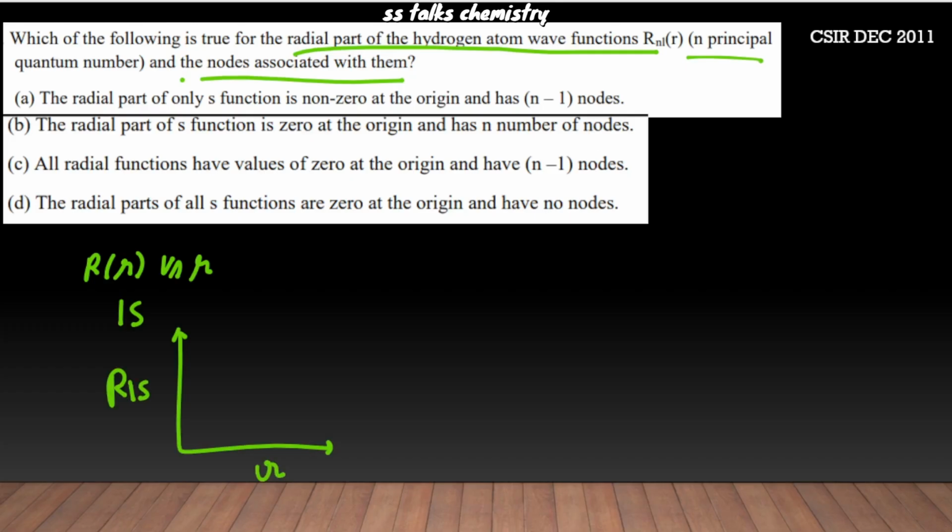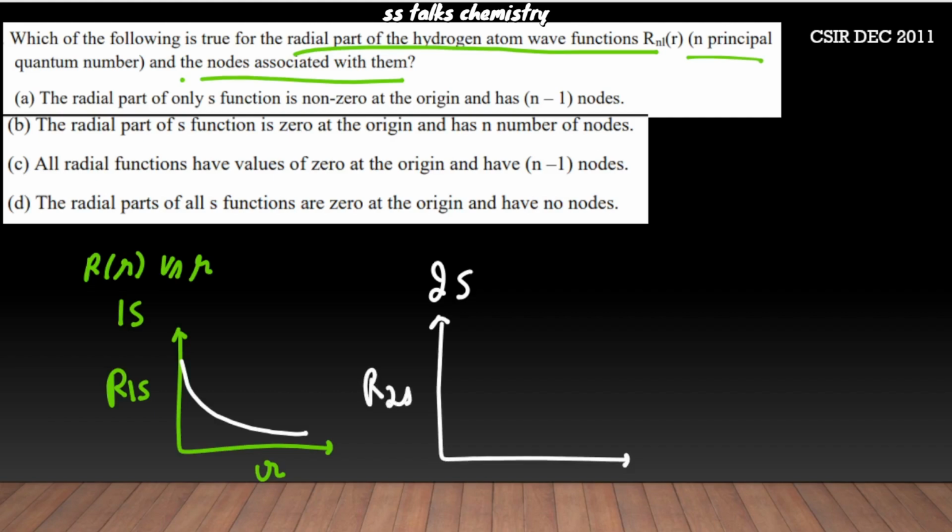Whereas for the 2s orbital, we again get the plot of R of 2s versus the radial part. So again it begins from a peak over there, some height it has, one node you get in this, and the curve goes in the negative direction, and then it goes like this.